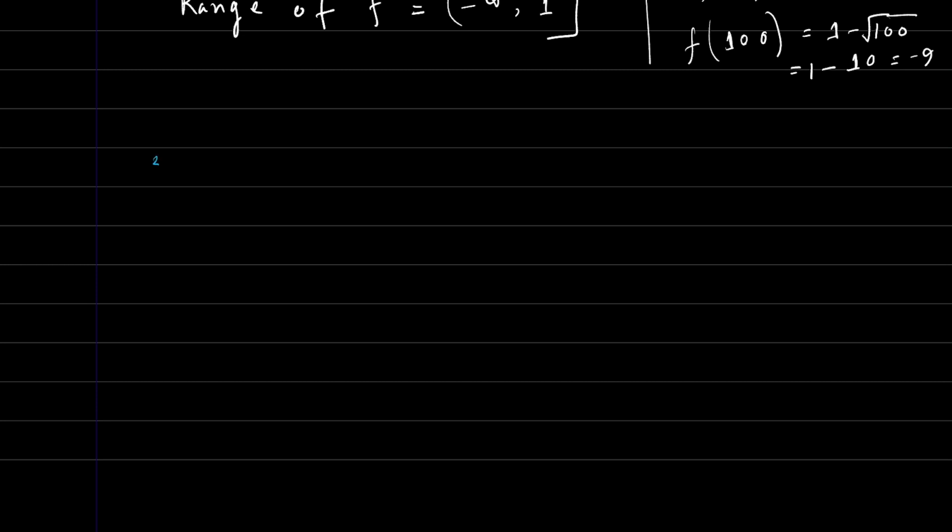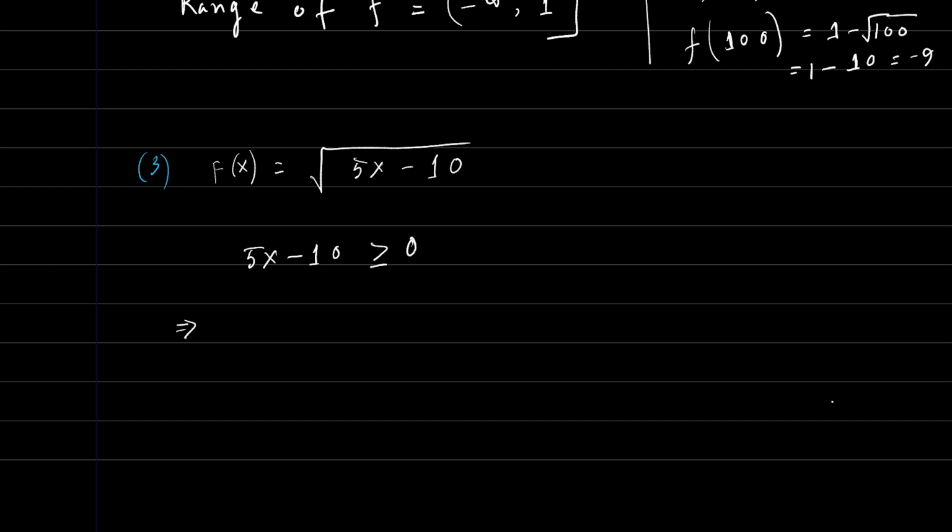Question number 3: given f of x is square root of 5x minus 10. So the allowed value of x would be, we know, negative cannot be inside the square root. So 5x minus 10 has to be greater than or equal to 0.